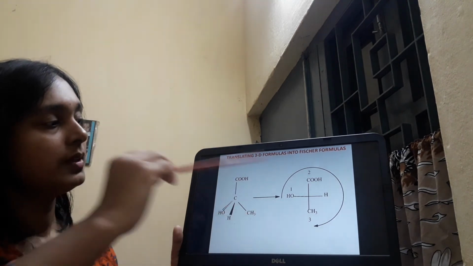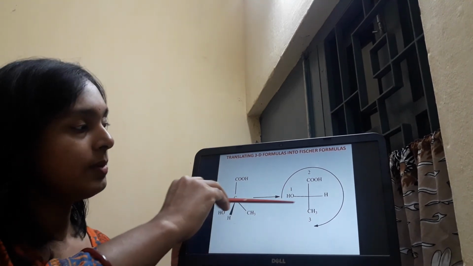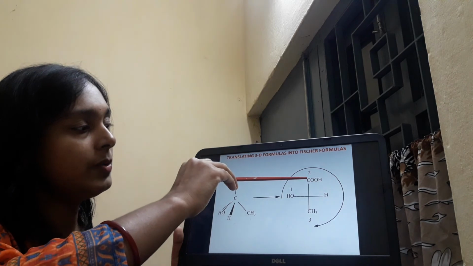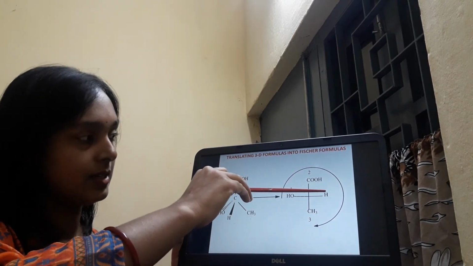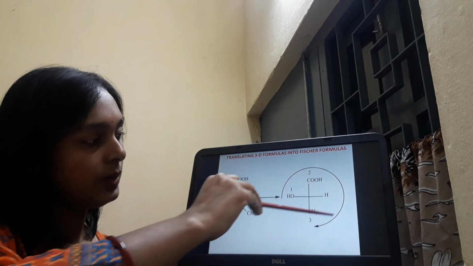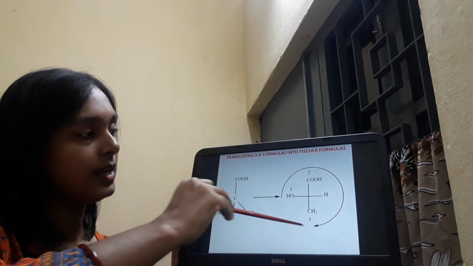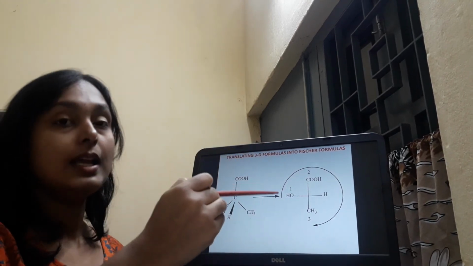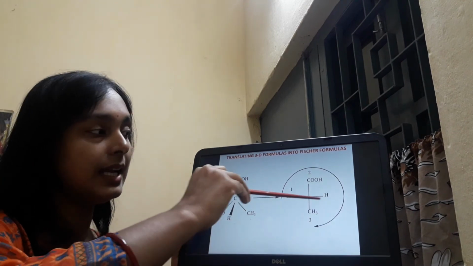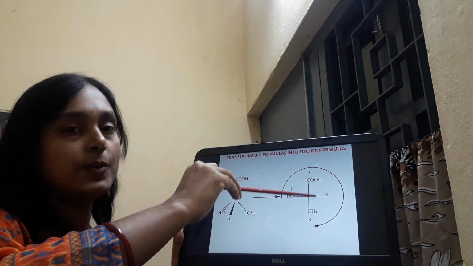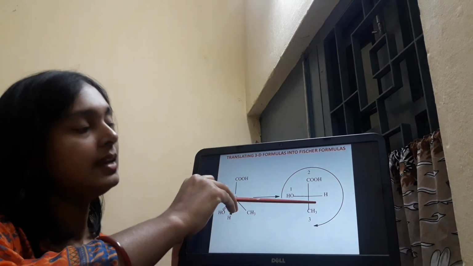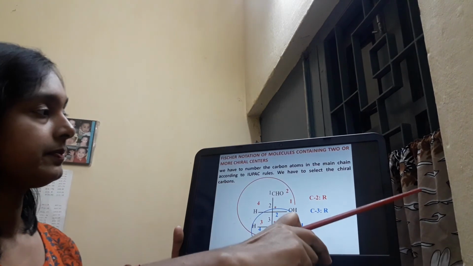So now assign the priority. OH will be 1, second will be COOH, third will be CH3 and the fourth will be H. So now the rotation is 1, 2, 3, clockwise rotation. It is R configuration, but again hydrogen is on the horizontal line and it is at the right hand side, so it will be S configuration.